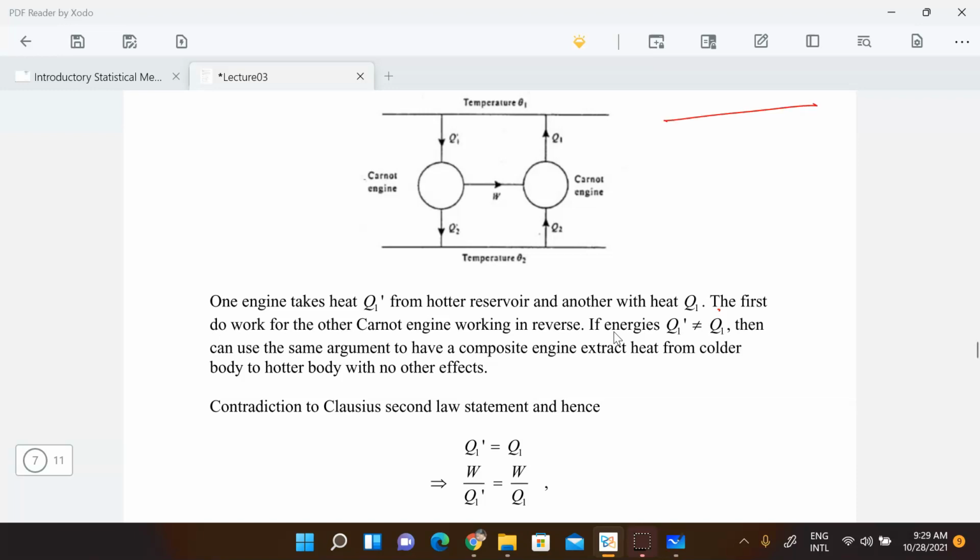Let me draw that. I will have Q1 dash here, because both of them are reversible, and then this is Q2 dash, and work being done the other way around.